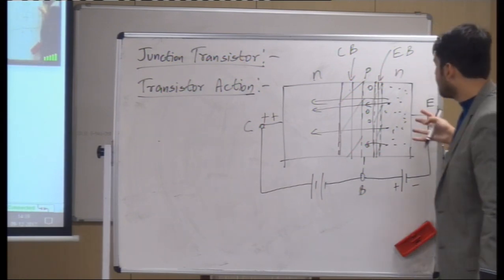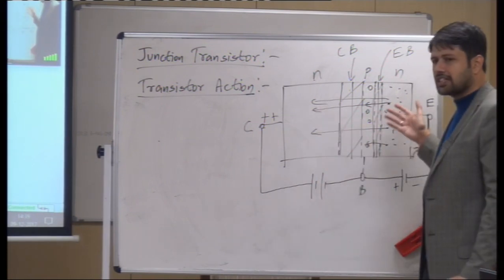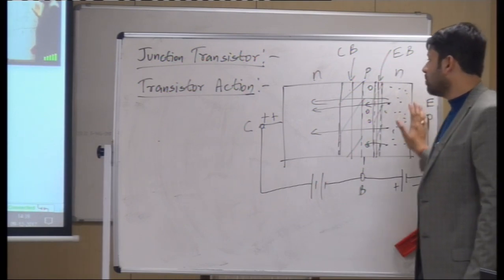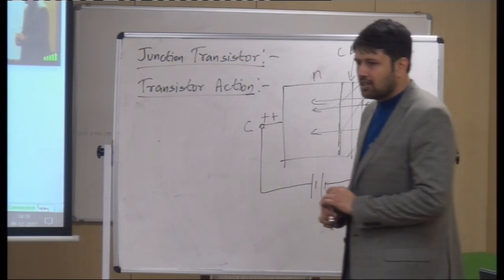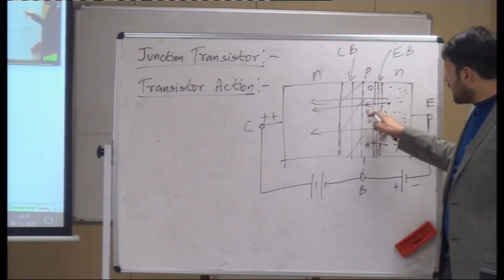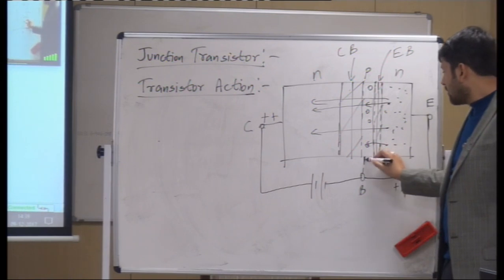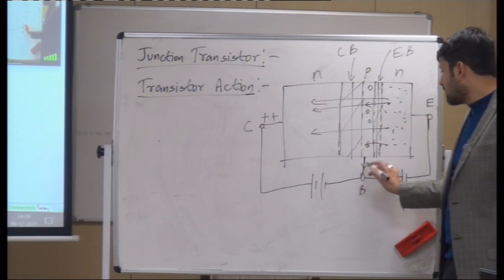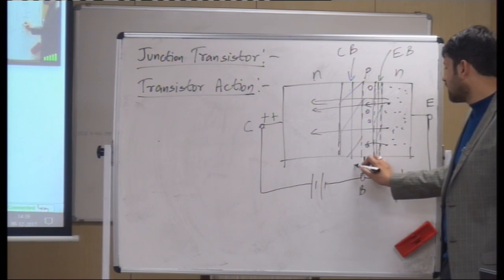So the current of this bigger picture, E to C, basically charge carriers from E to C and current is from C to E, right? So the charge carriers from E to C, this flow stops, reduces by a huge number. Okay, so very less amount of flow would be there now. Now what do you need to do? You need to pull out the electrons which are occupying the holes. You start pulling out the electrons, or you can say you start supplying some current.